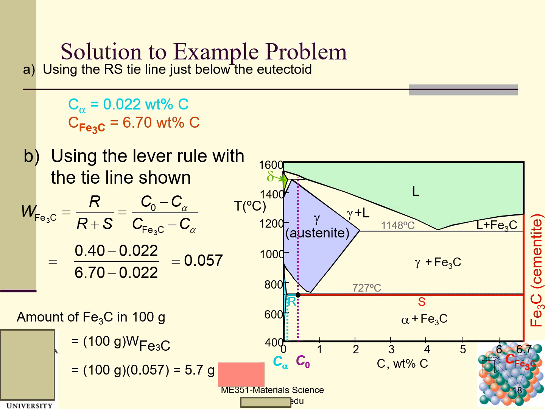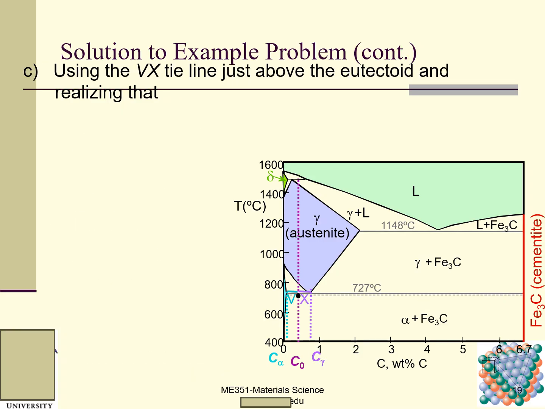The amount of cementite in 100 grams equals 100 multiplied by this percentage, and you can get this one, right? So this is very straightforward.